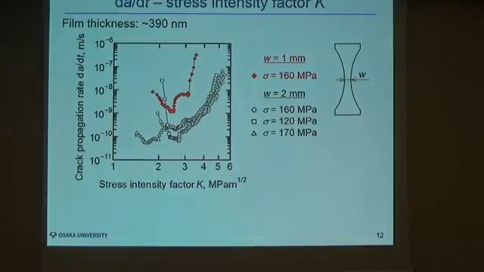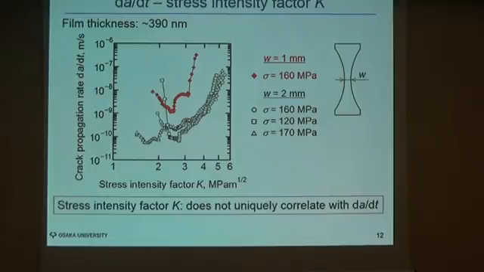I'd like to discuss the dominant mechanical parameter for the crack propagation. And first, I'd like to consider the stress intensity factor. This diagram indicates the crack propagation rate da/dt with respect to the stress intensity factor K. You can see da/dt decreases in spite of increasing K in the small K region, and then da/dt gradually increases with increasing K. The important point is that the relation clearly depends on the specimen size.